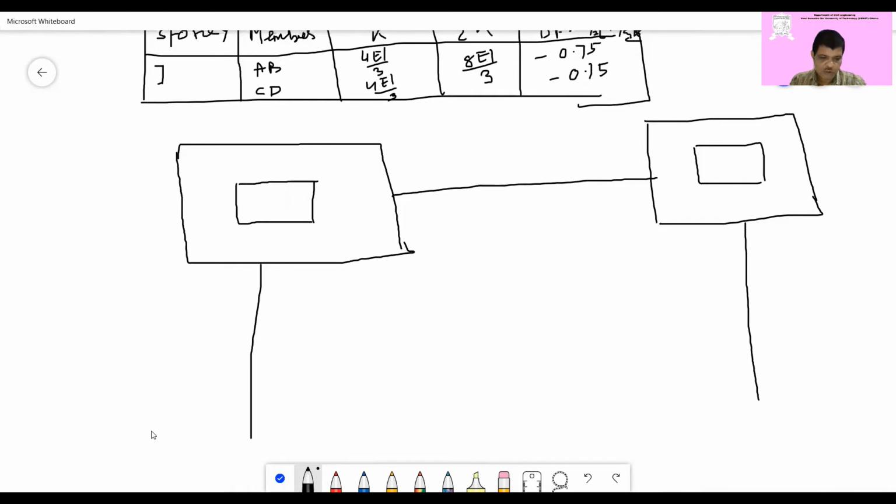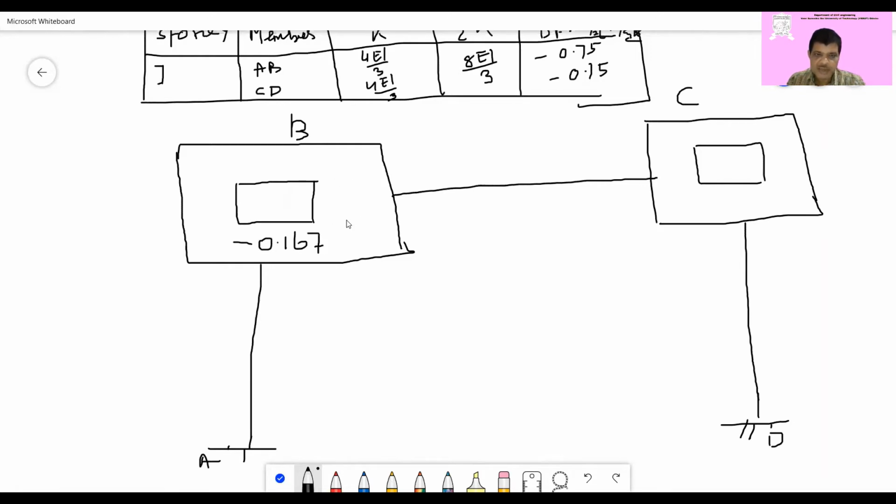So now this is your joint A, and here we have the joint B, and here also joint C. Okay. Now write down the factors. This is minus 0.167, that is your rotation factor here.